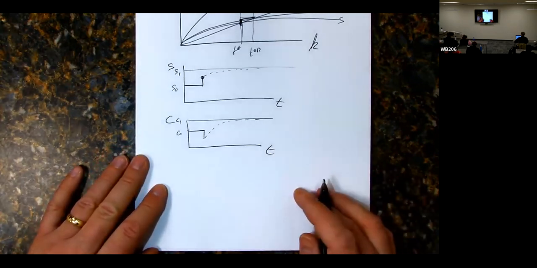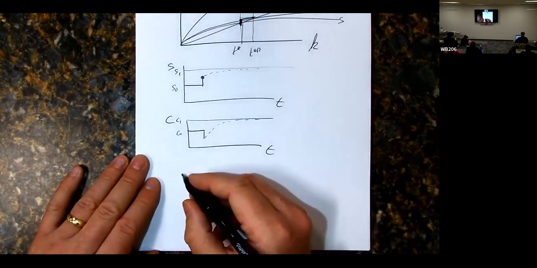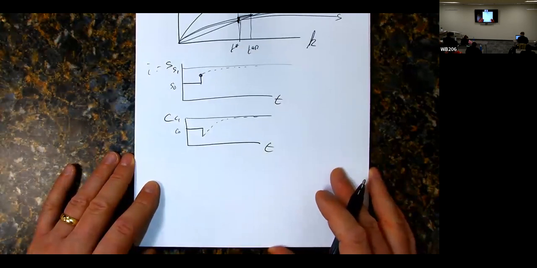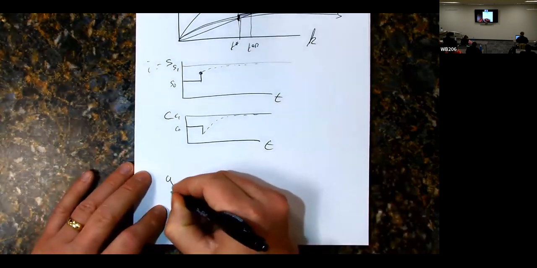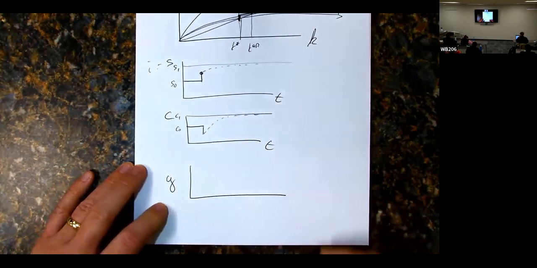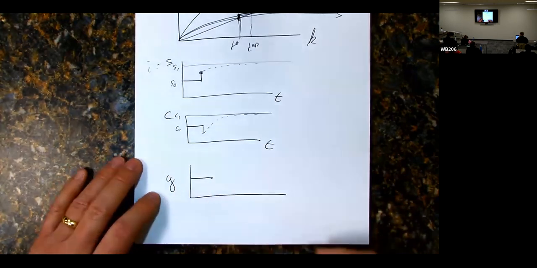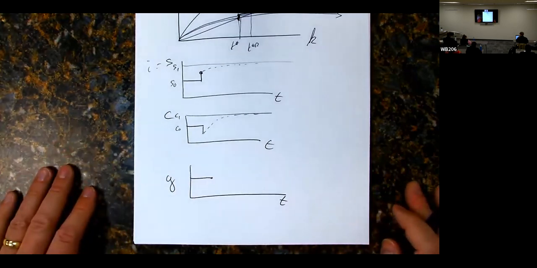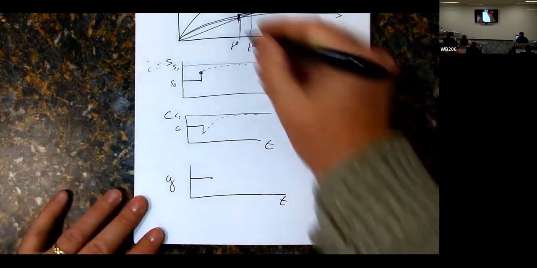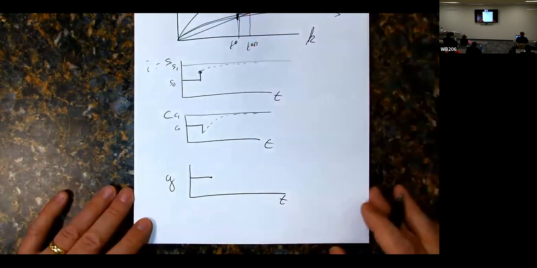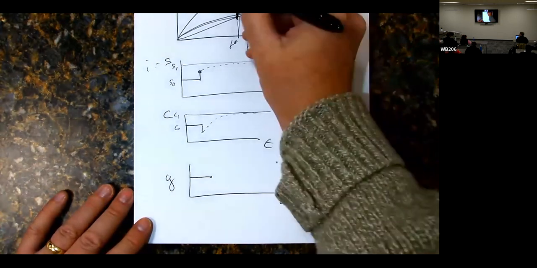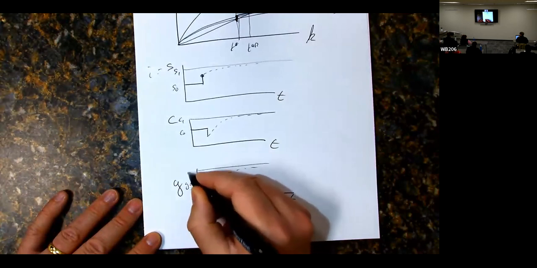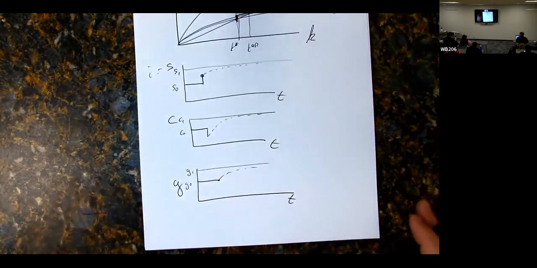Okay. What happens to, I guess savings is similar to what happens with investment, right? That's what we did last time with investment. What happens to output? You have a steady state level of output. What happens? Savings increases, but we're still here. So what happens to output? It gradually increases to a new steady state, higher than it was before.